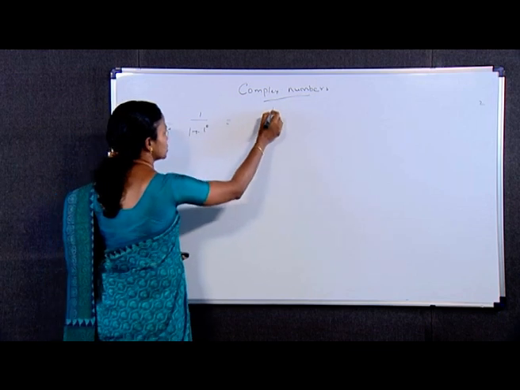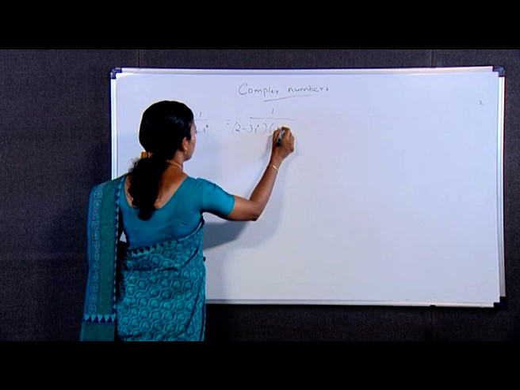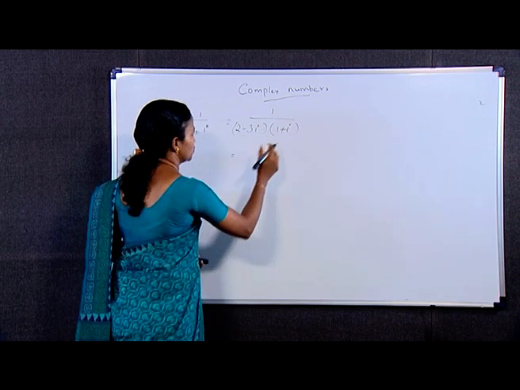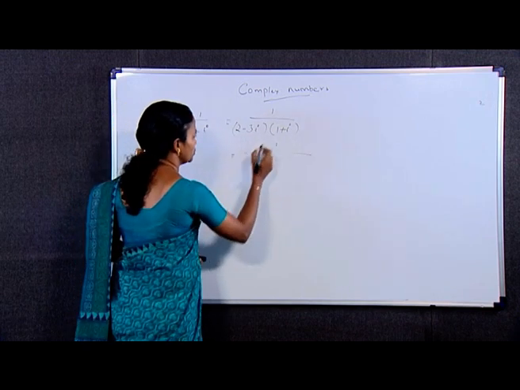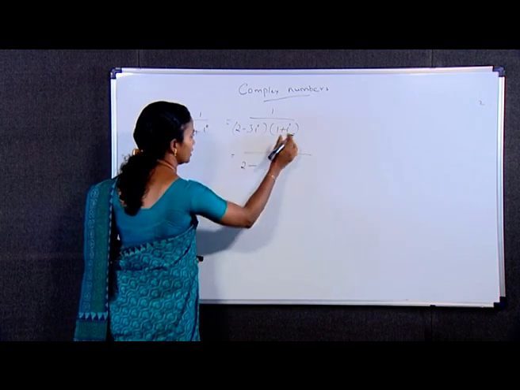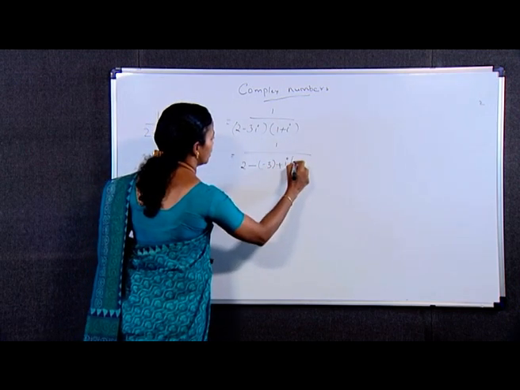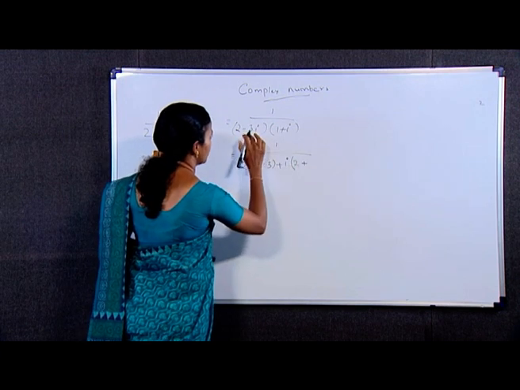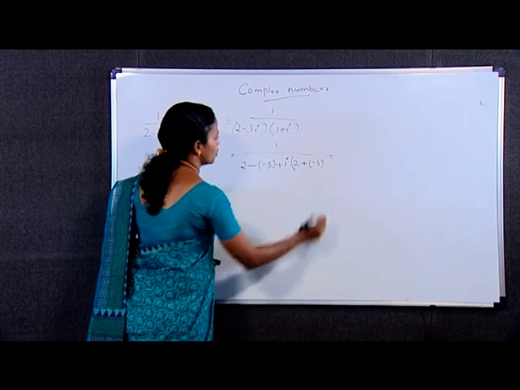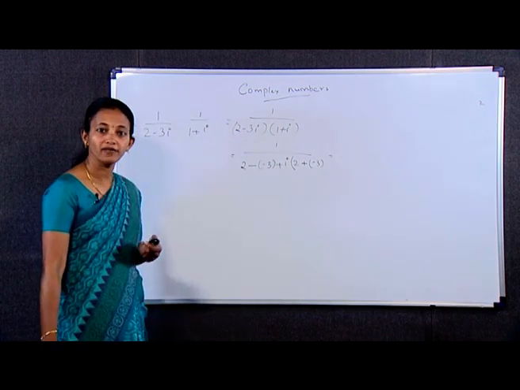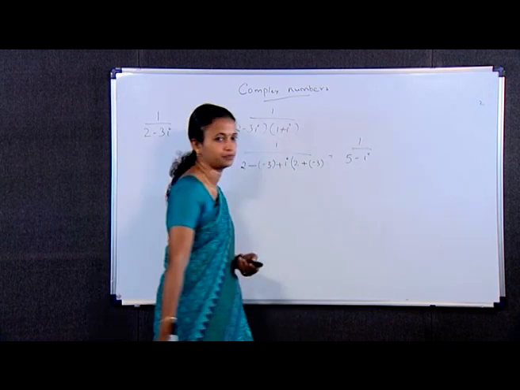So this I can write as 1 by (2 - 3i) into (1 + i). Usual multiplication in the denominator: we have 2 into 1 is 2, minus 3i into i gives plus 3, and i into 2 plus minus 3i into 1, which is minus 3i... so this is equal to 1 by (5 - i).